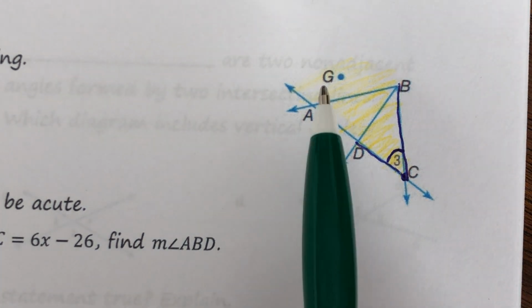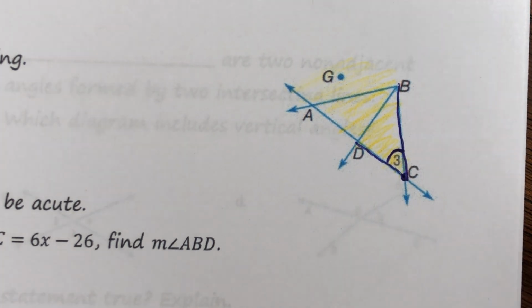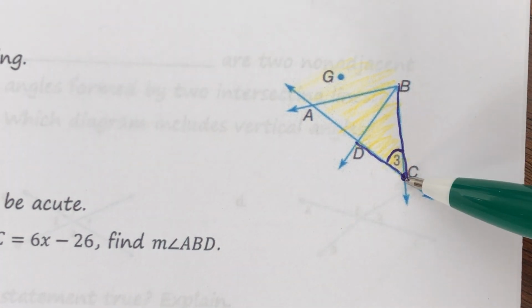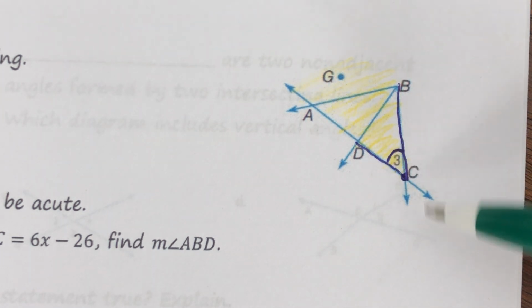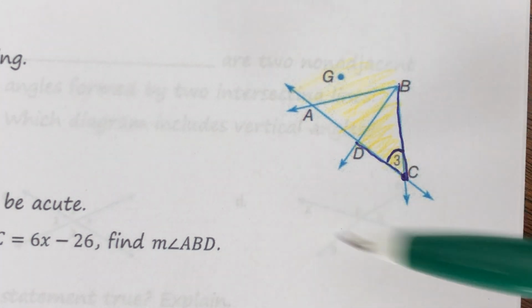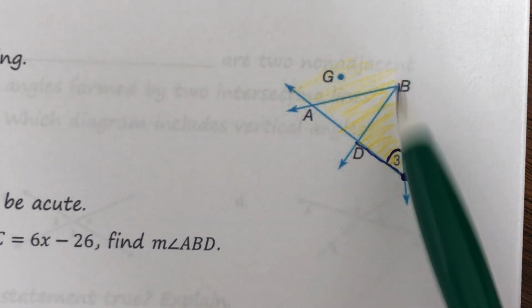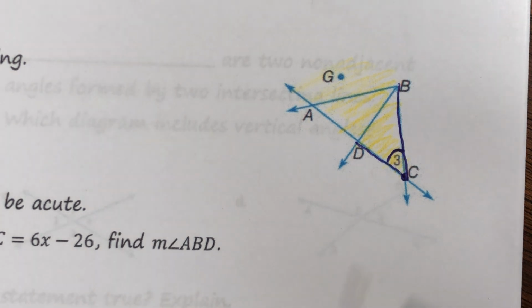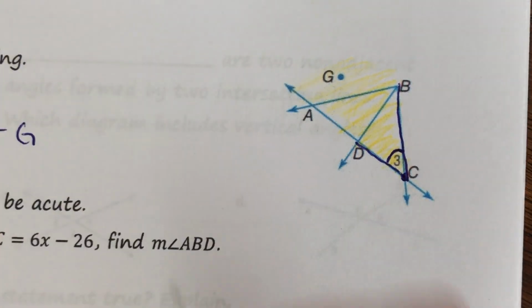If you're not sure about G, because this triangle ends here, you can always ask yourself, could something else be the answer? B and C are on the line, so they're not inside the angle. A and D are on the line. They're not inside the angle. There are no other points here that could work. So yes, G, if this was a big gator mouth, it would chomp down on the letter G. So point G is in the interior of our angle.